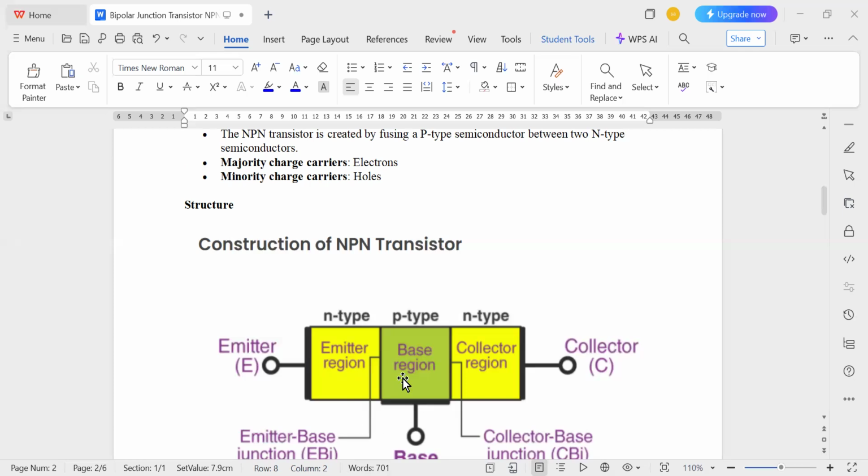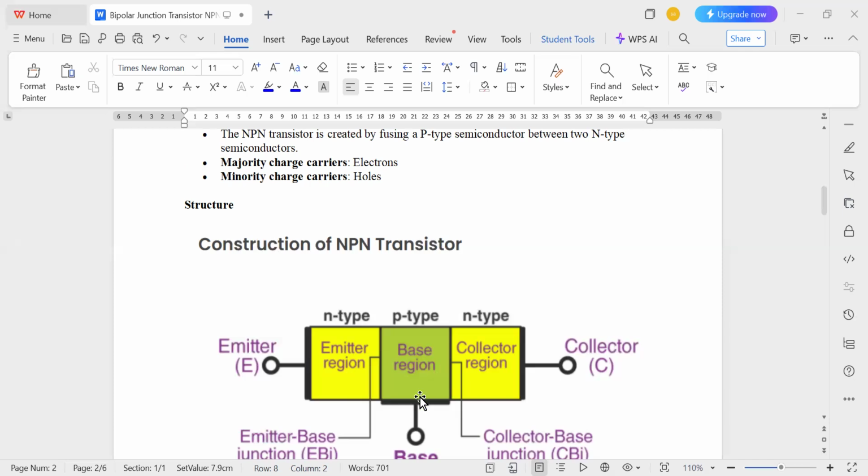The base is lightly doped, so it will allow most of the carriers injected from the emitter to pass through to the collector. All the electrons from the emitter are injected into the base during the operation.